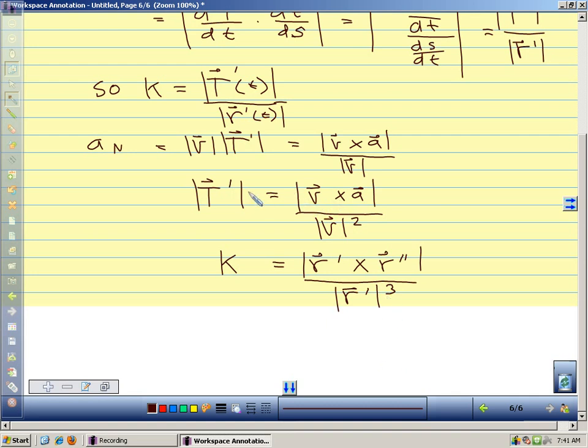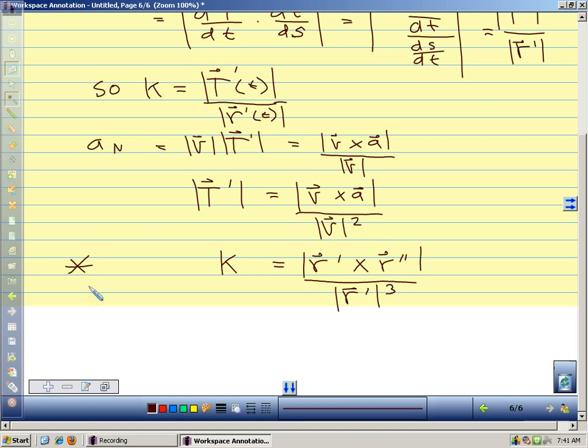So this is the magnitude of T prime, and we're dividing that by the magnitude of r prime, which is just v. So my curvature is the magnitude of r prime cross r double prime, divided by the magnitude of r prime cubed. This formula is usually going to be the easiest to compute with to find your curvature.